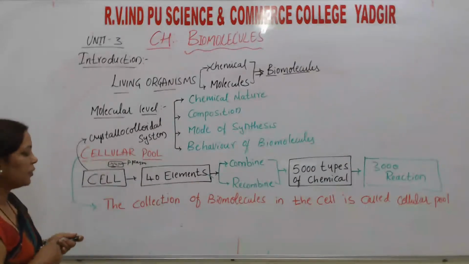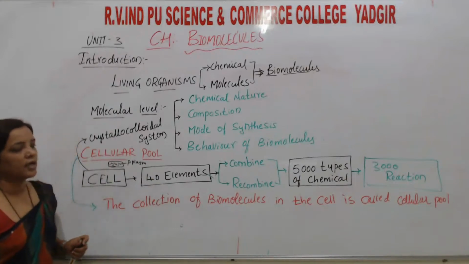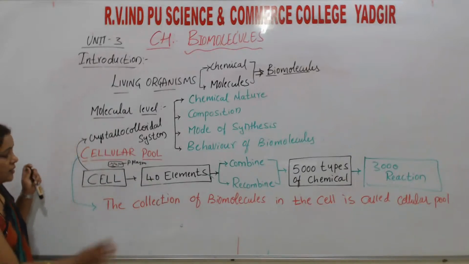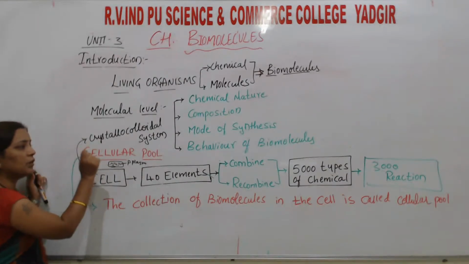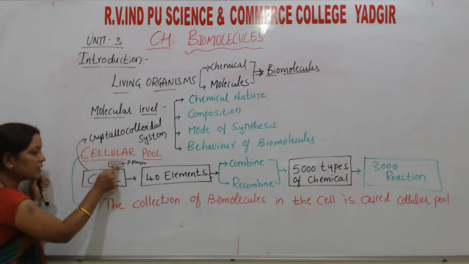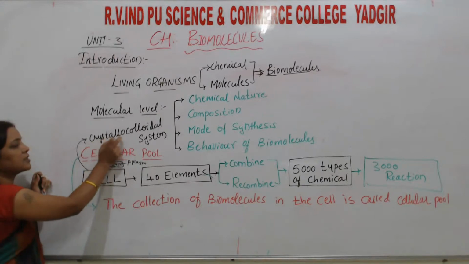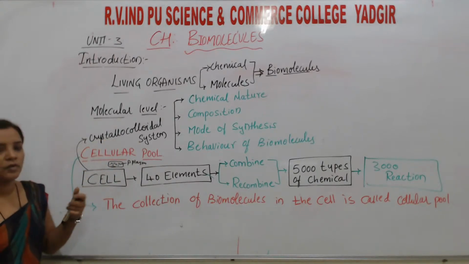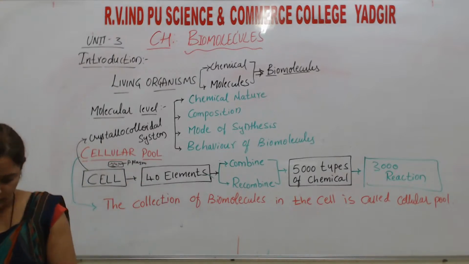What is the cellular pool? The collection of biomolecules in the cell. This cellular pool is a crystallo-colloidal system. It is nothing but the protoplasm enclosed by the plasma membrane. Crystal is different, colloidal system is different.